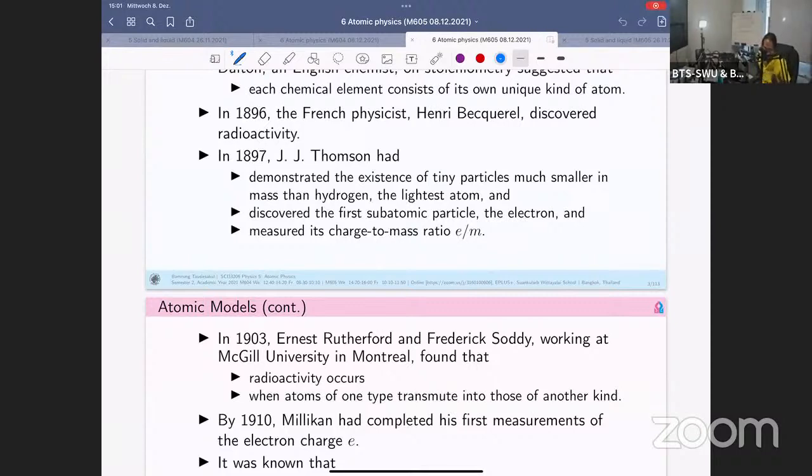But right now, you know that an atom has both protons and neutrons. For an atom that has a different number of neutrons, you still get the same element, but it's a new type of atom, similar to the original one. If you change from one type of atom to another, it's called transmutation, and you get radioactivity, radiation in terms of particles or electromagnetic waves. That's the result discovered by Rutherford and Soddy.